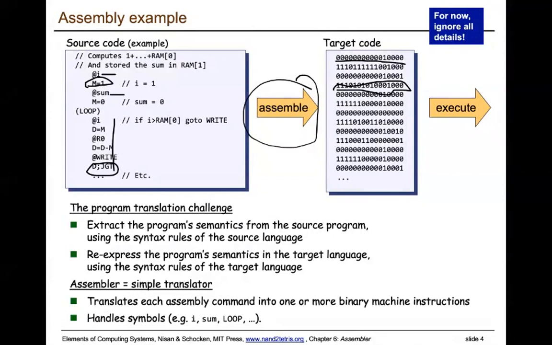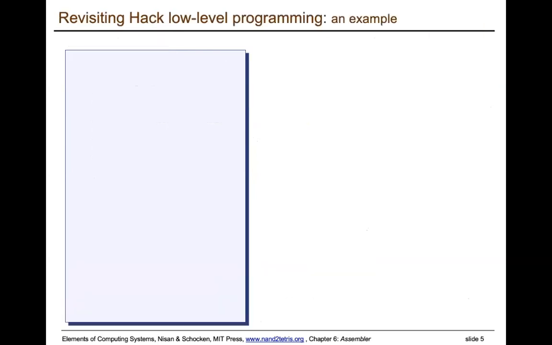I need a way to translate i and sum to a certain number. Another case is labels like a loop or @right. For those, I also need ways to translate those symbols to numbers.